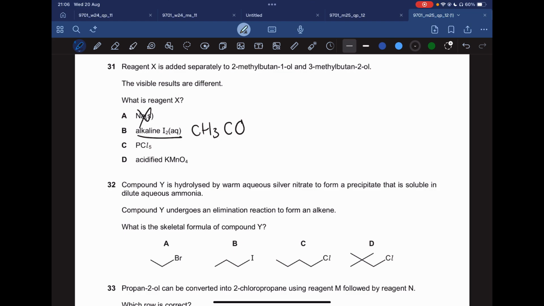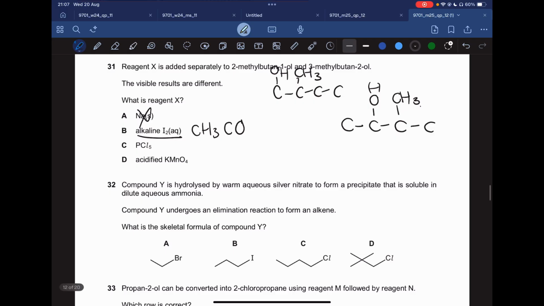And you can see when we draw these out, we have a methyl ketone in one of them, in your first one, so that's why we will see it differently, because we'll form that yellow precipitate. Those two are just both going to do the same thing.